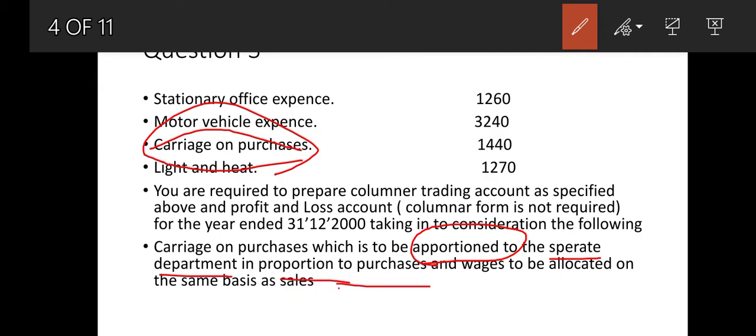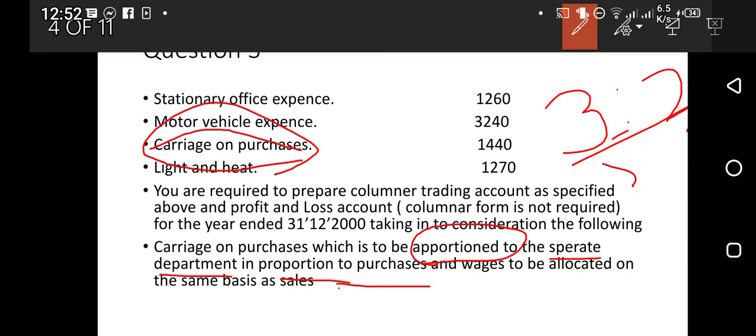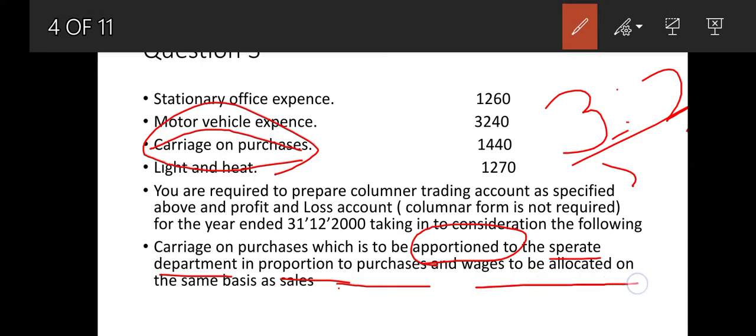Proportion means tanasab. Suppose we have a proportion of 3 and 2, what will it be? 3/5 and 2/5. This will be its proportion. And wages will be allocated on the basis of sales.